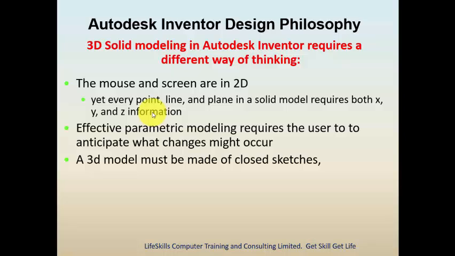Then, before you can transform your sketch to a 3D model, it must be closed. So in Inventor, all the sketches you produce, before you can make them into a part, because in Inventor we start with a sketch. After the sketch, we change our sketch to parts.